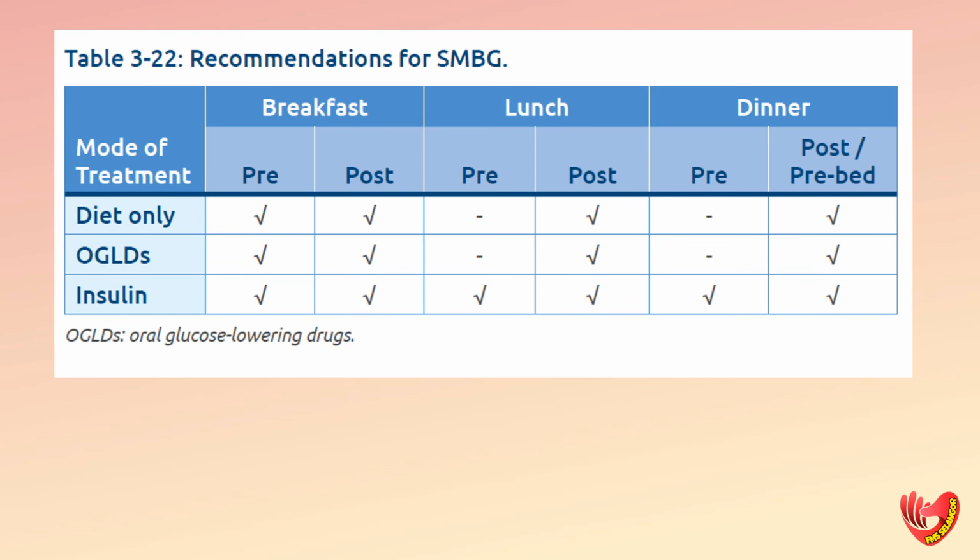This table shows the recommendations for SMBG if the patient is on diet therapy only or on oral glucose-lowering drugs. You should advise the patient to check the dextrostick pre- and post-breakfast, post-lunch, and post-dinner. If the patient is on insulin therapy, it is recommended to do 7-point monitoring.